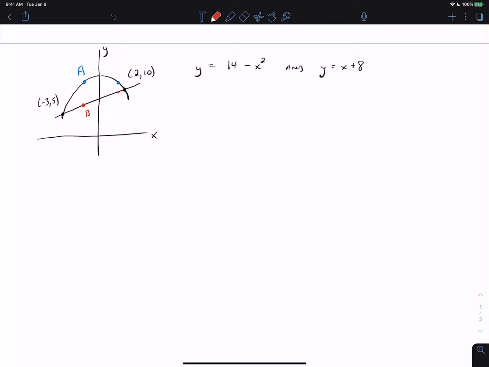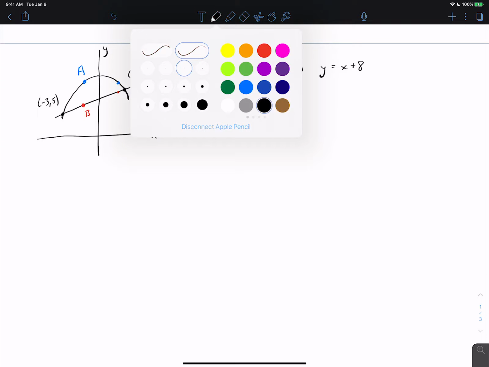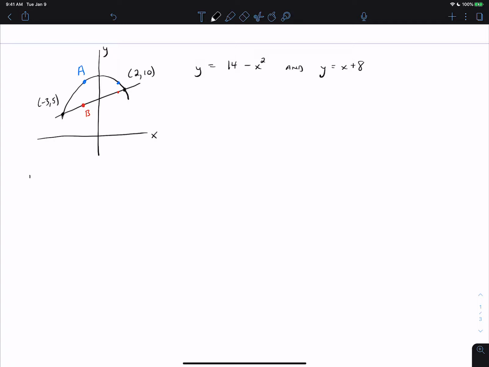Okay, and so what I want us to do is look at a series of problems where I want us to find the distance, first, from A to B, if they are where they look like they are.